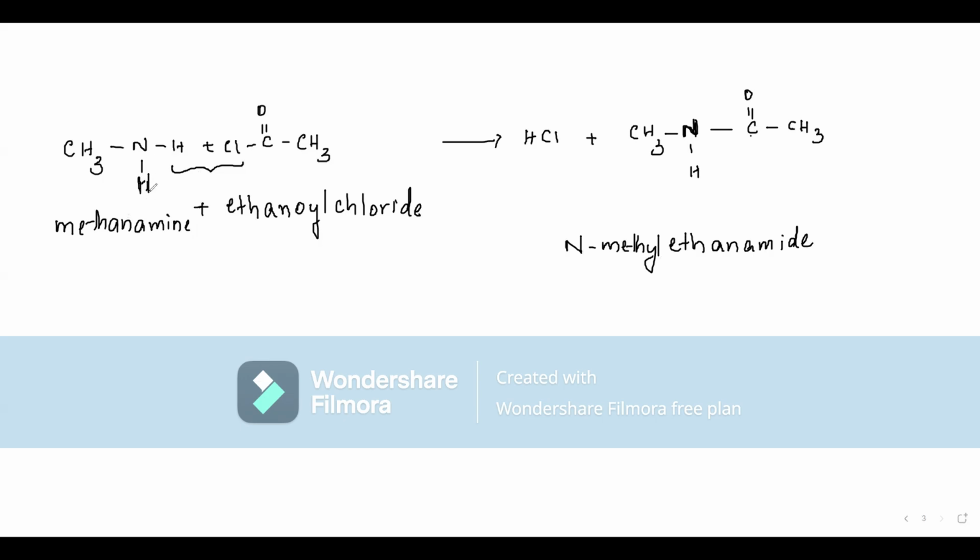Same way, we can even take a secondary amine. Look at this, CH3N, CH3H. So this is N-methyl methanamide plus same acetyl or ethanoyl chloride, Cl, C double bond O, CH3.